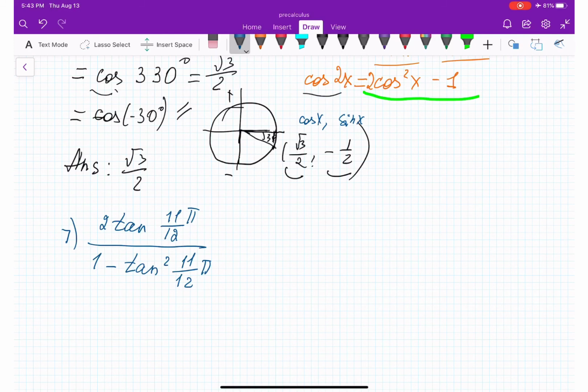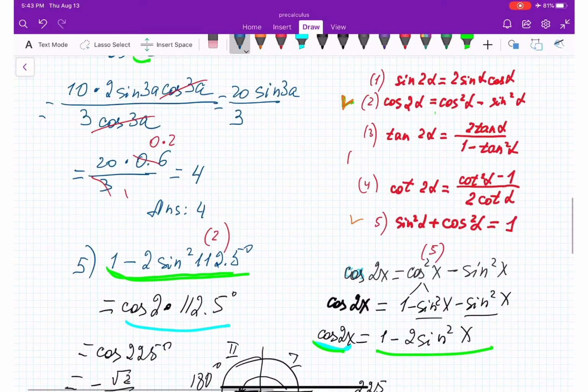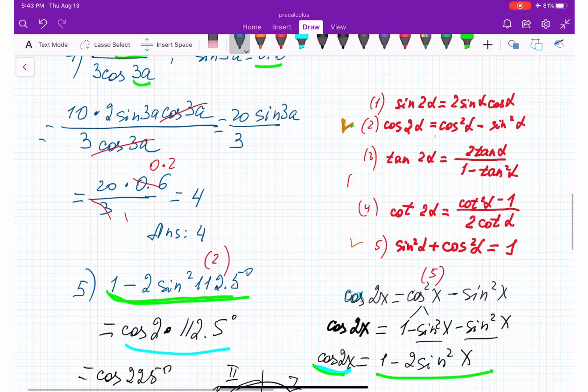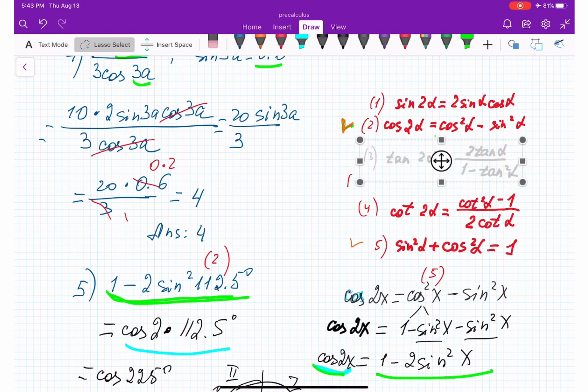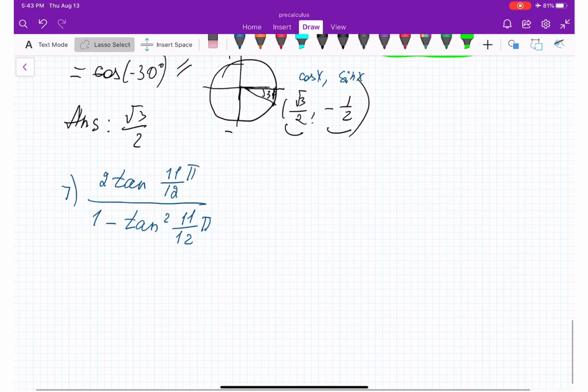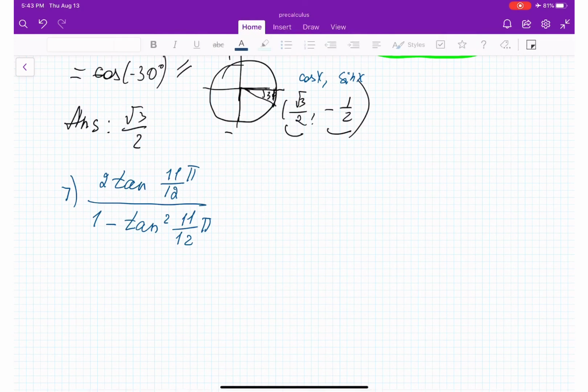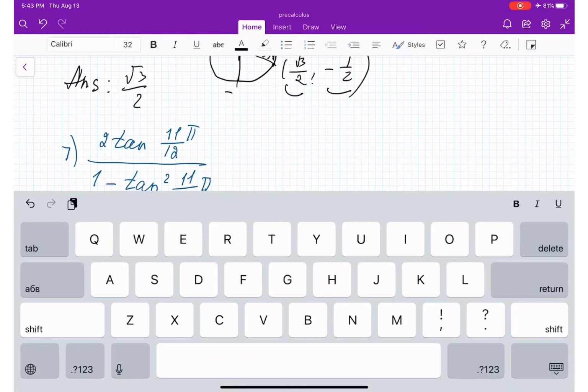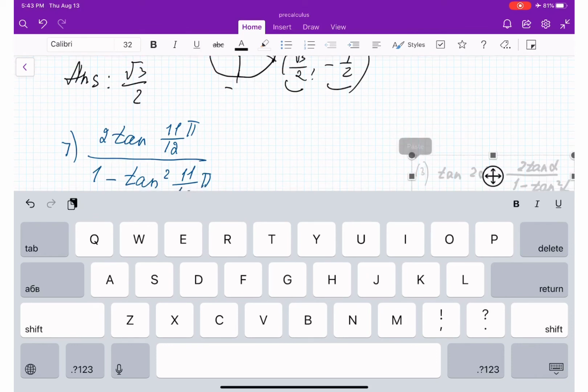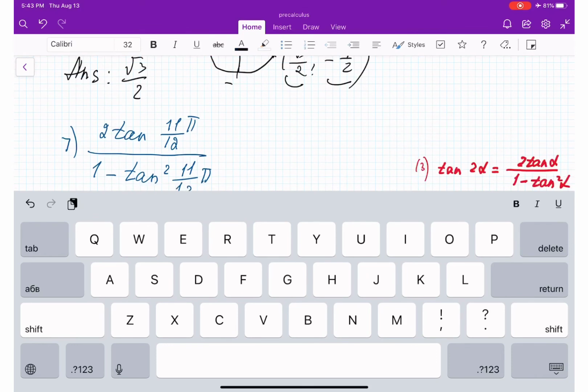Okay, this is a formula itself. Where is it? Right here. Let me move it. Problem number 3. I will copy and bring it down. There we go.